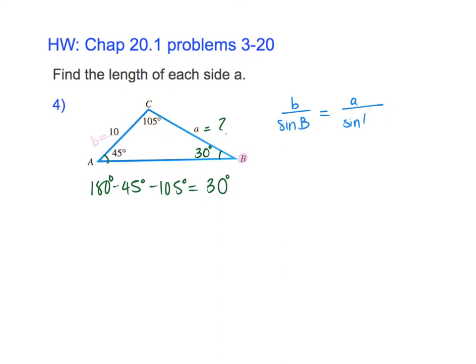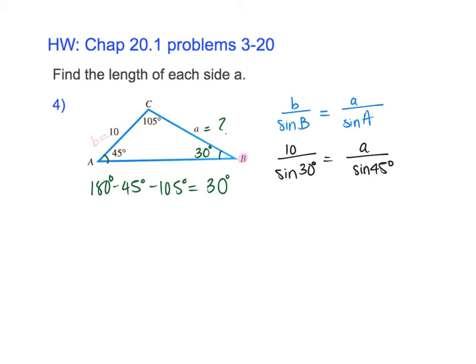And I actually do. Notice I have little b, it's 10. I have the angle for B, which is 30. I don't know what a is, but that's perfectly fine. I can try to solve for that. And I do have the angle A. So I'm going to plug in what I know. Little b is 10, sine of B is 30 degrees, and this is equivalent to little a over sine of A, which is 45 degrees.